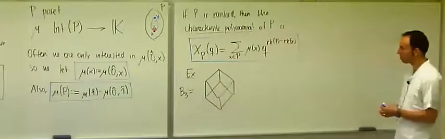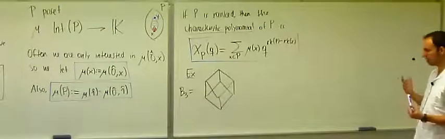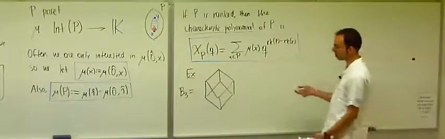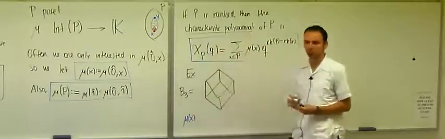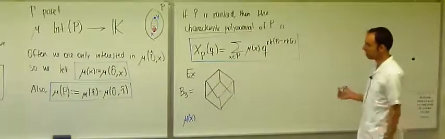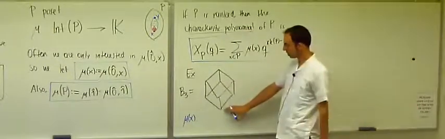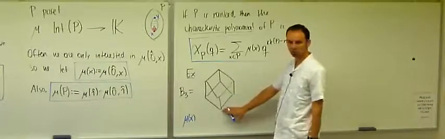And let's compute the Mobius function. Now, in principle, to compute the Mobius function, I need to compute it for every pair of elements. But let me just compute this one. Okay? I'm going to compute mu of the elements, and I'm going to write them in blue. So what did we say? We say first you start for the trivial interval 0, 0. Okay? And mu of the trivial interval is 1.